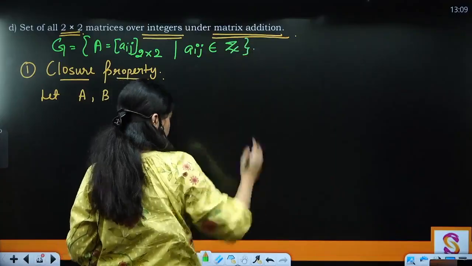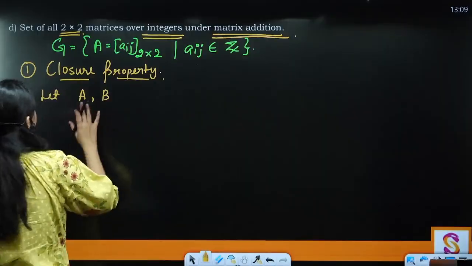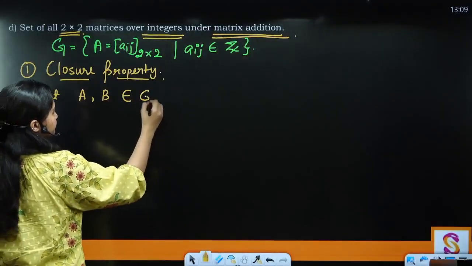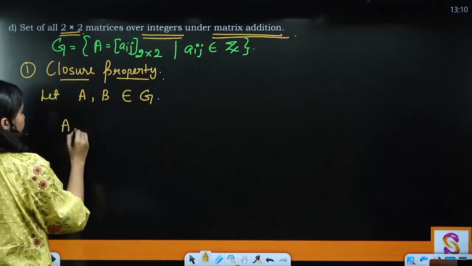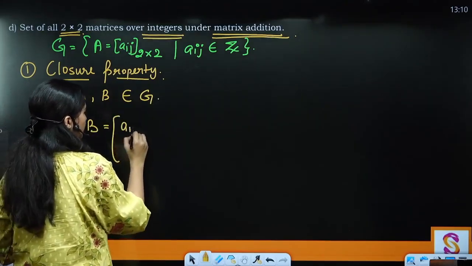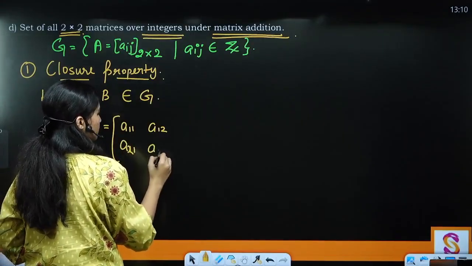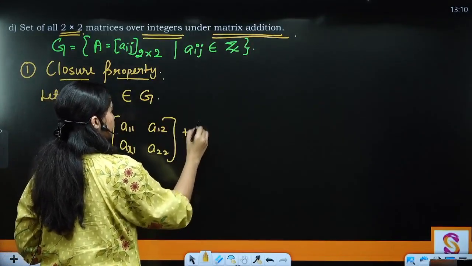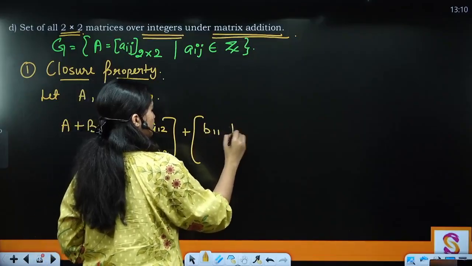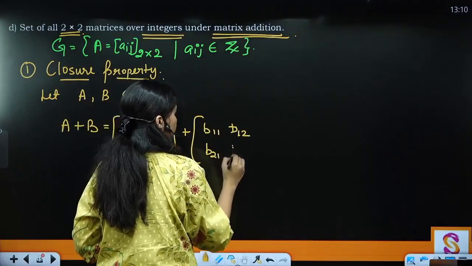Here, okay. So let A and B belong to G. Now A plus B is going to look like A11, A12, A21, A22 plus B11, B12, B21, B22.